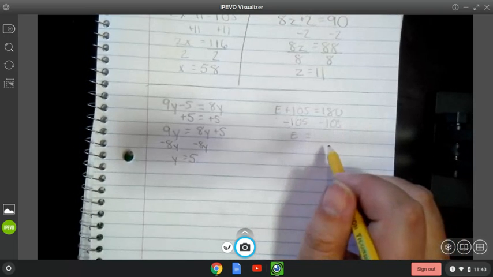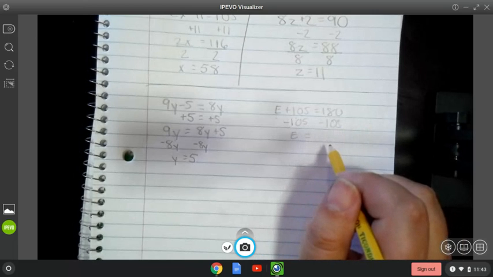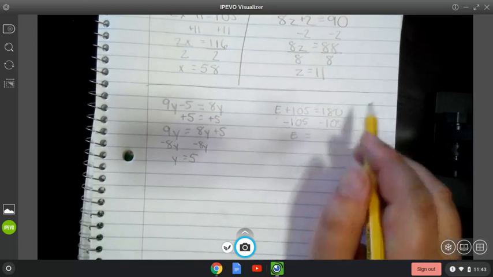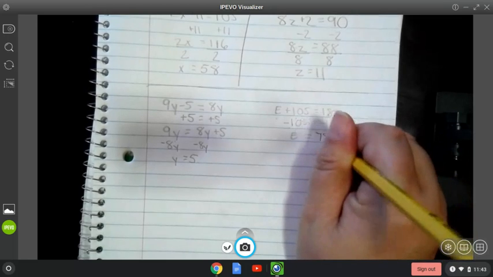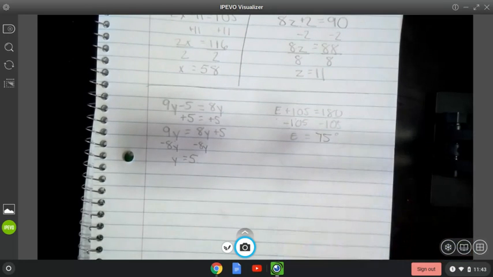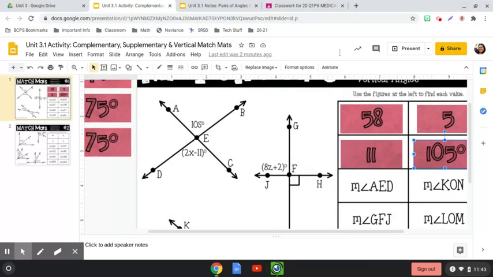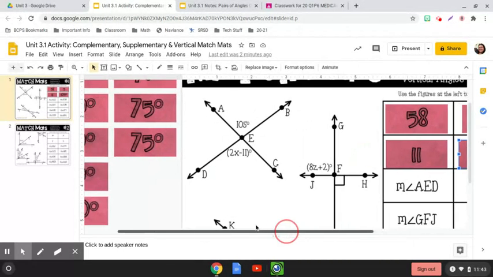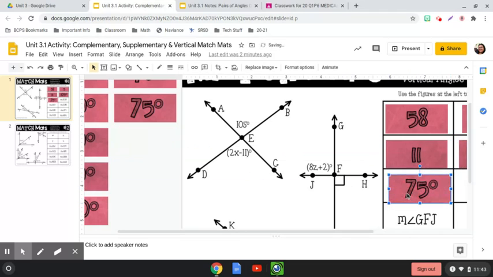And so 180 minus 105 leaves us with 75. So the measure of angle AED is going to be 75 degrees. We come over here. Sure enough, we have a 75, so we must have done something right. And we'll place it right there.